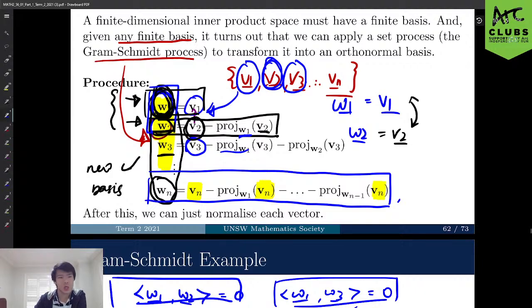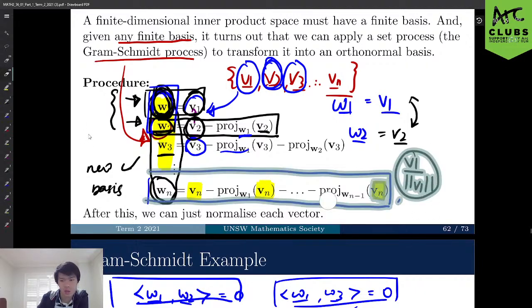This thing doesn't have an inner product of itself equal to 1. So what we'll do is we'll take v1 and divide it by its norm. Right, so we've gotten our new basis. Let's just draw this out. Sorry, I'll just erase all this.